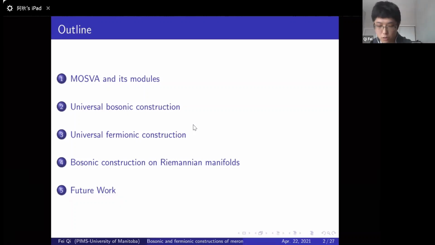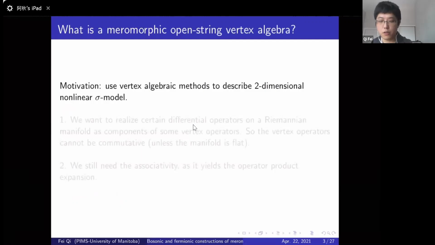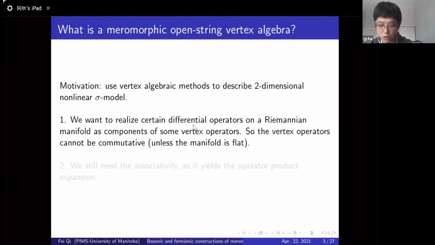Okay, so let me first explain what a meromorphic open string vertex algebra is. The motivation is to use vertex algebraic methods to describe the 2-dimensional nonlinear sigma model. So first, we want to realize certain differential operators on a Riemannian manifold as components of some vertex operators.